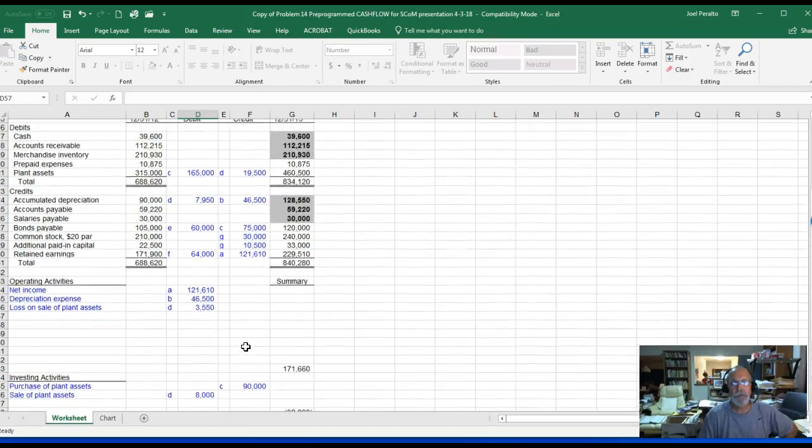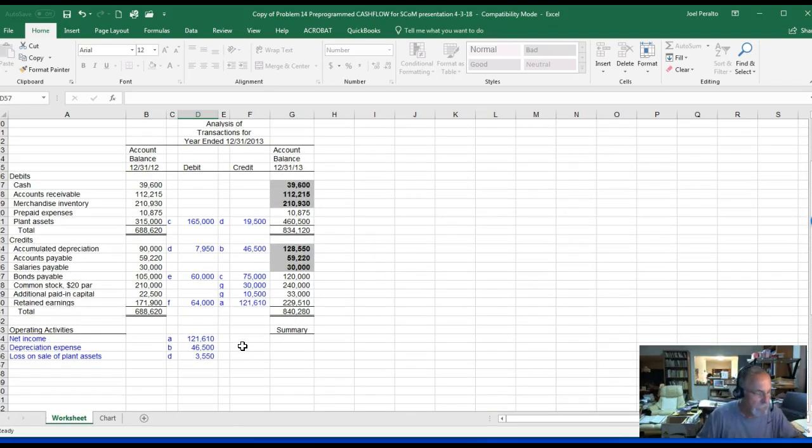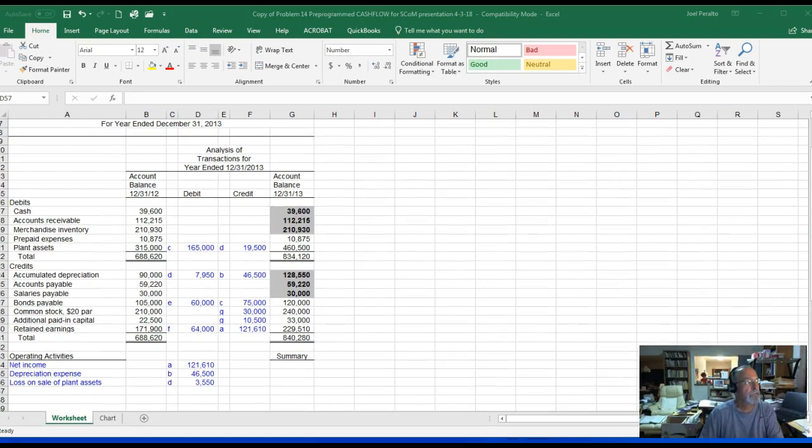Now at this point we need to complete the rest of the information to move from our 12/31/12 balances to our 12/31/13 balances. And so we start with the next item under cash, after cash.